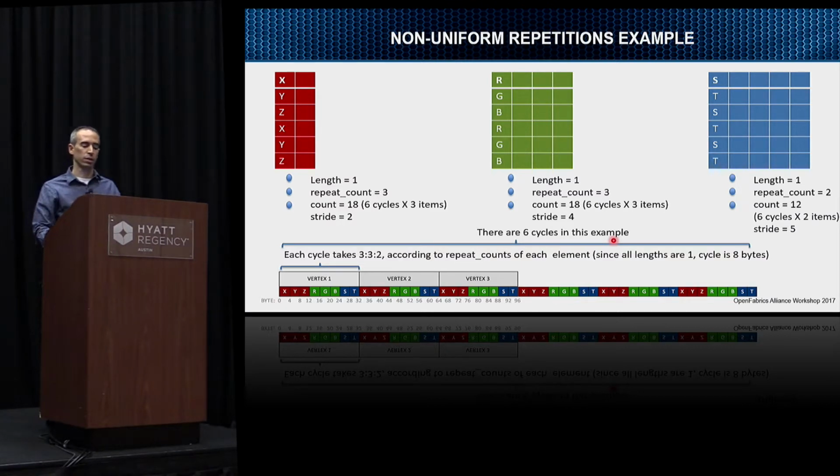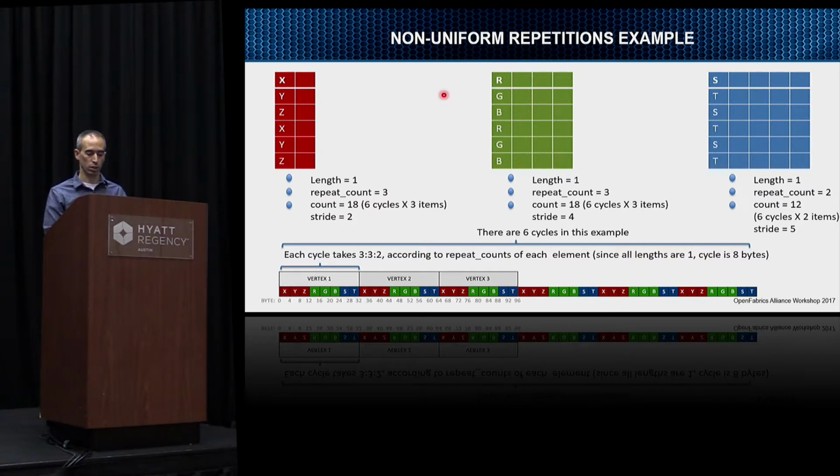Last example is how we can define non-uniform patterns. The non-uniform patterns is that we can define a repetitive pattern where we take 3 elements from one entry, 3 elements from the second entry, and 2 elements from the third entry. So in this case, indeed, you are using 3 entries.